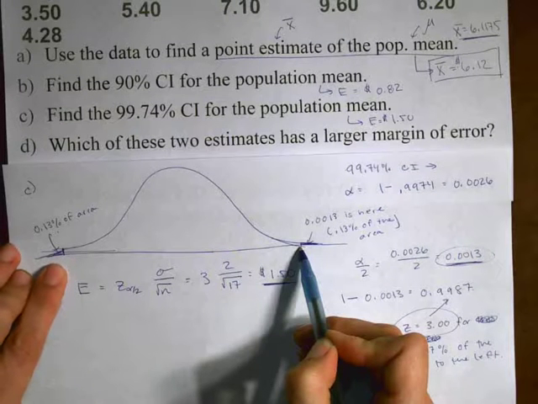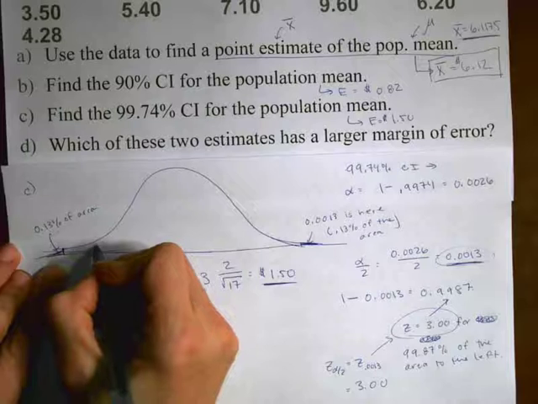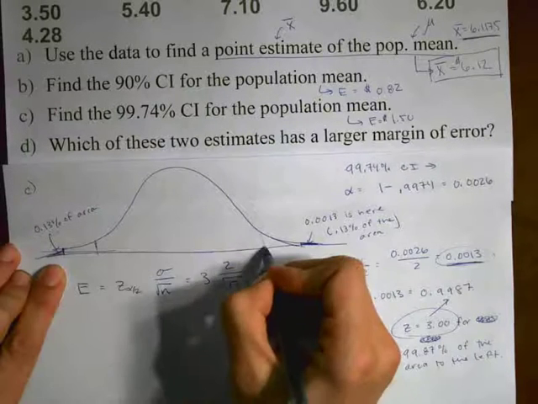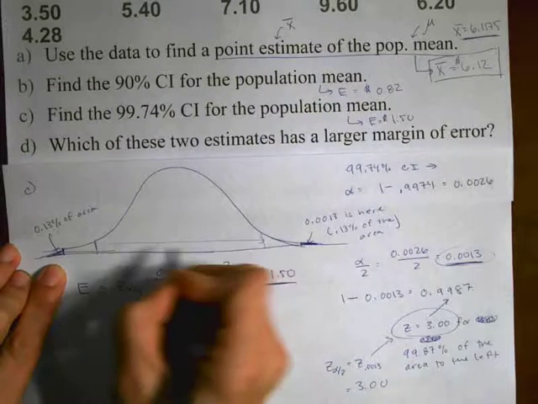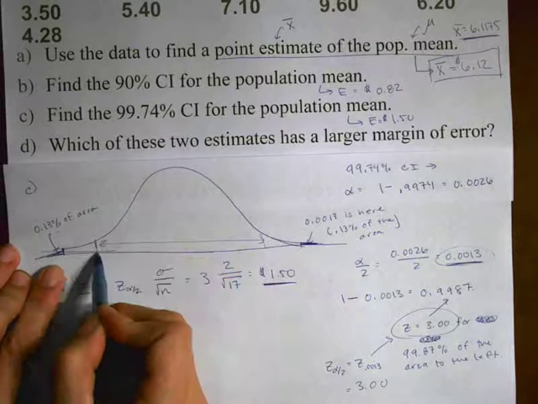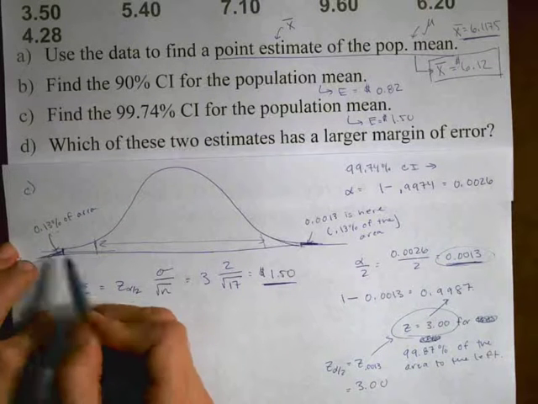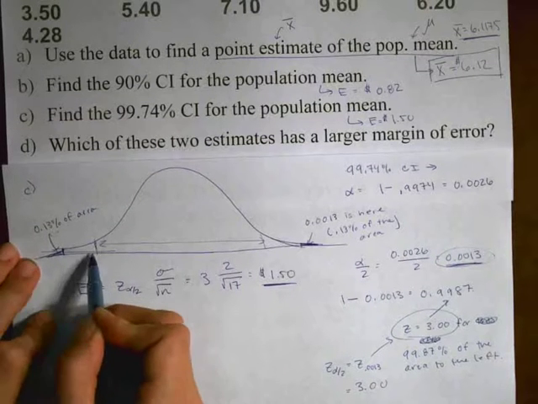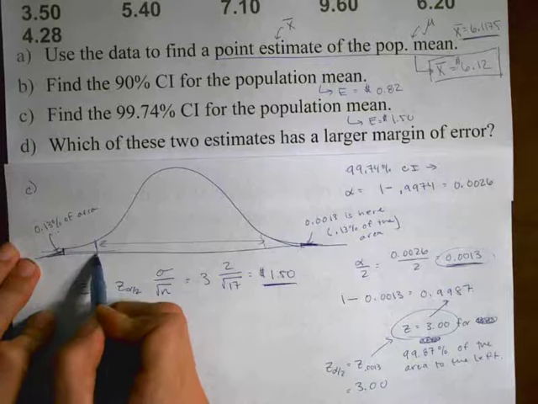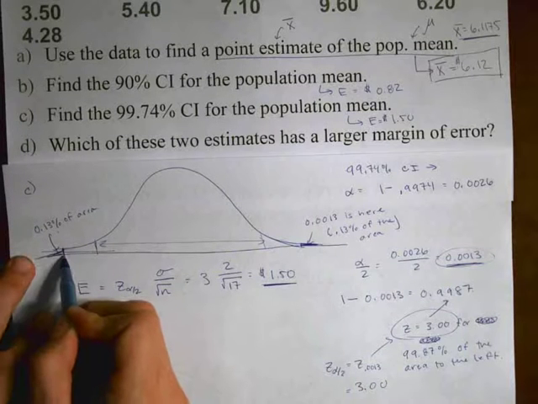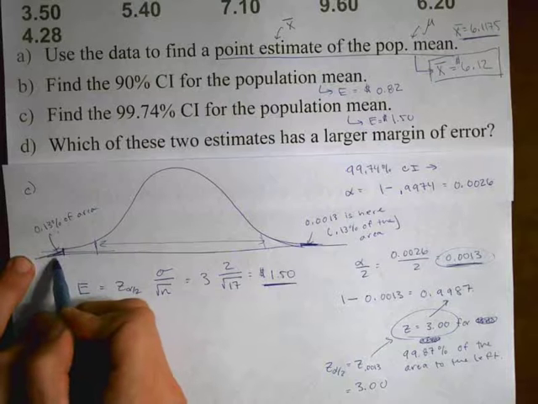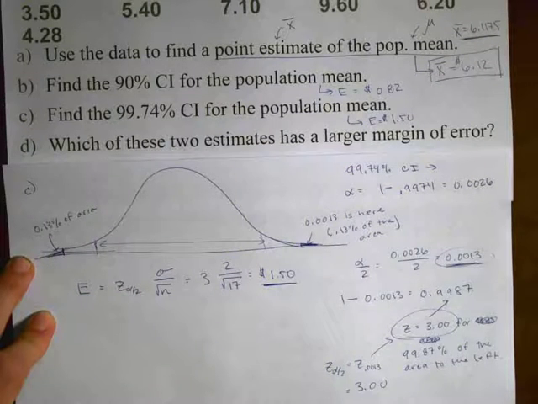With a 99.7% confidence interval, we need to have a larger confidence interval than we would need for a 90% confidence interval. So my 90% confidence interval is going to be kind of this range here, where I'm looking between here and here, where now the area to the left of this number is 5% of the data.